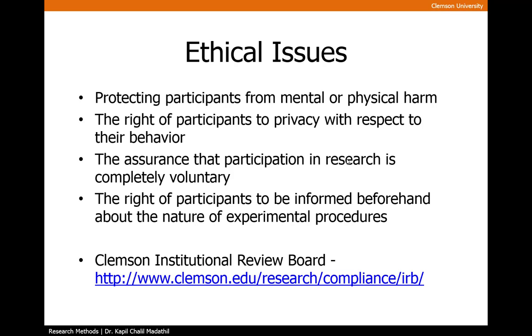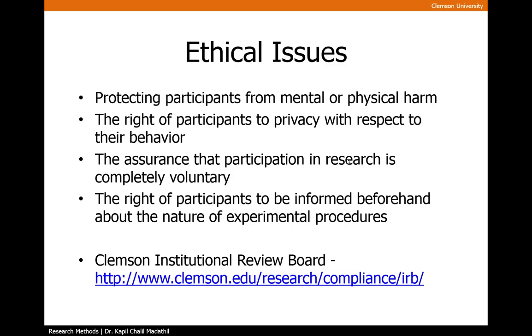There are certain ethical issues that you need to keep in mind when you are using human subjects as participants for your research study. At Clemson University, we have the Institutional Review Board that monitors all the research studies involving participants. When people participate in an experiment or provide data for research by other methods, we need to tell them the general nature of the study.